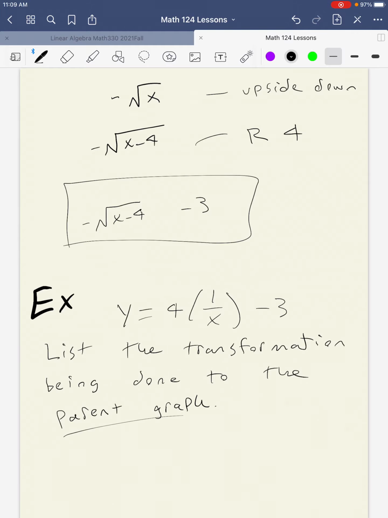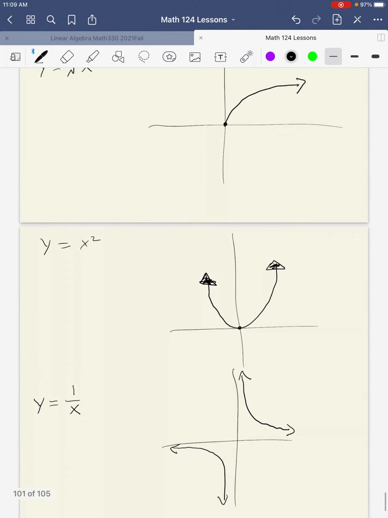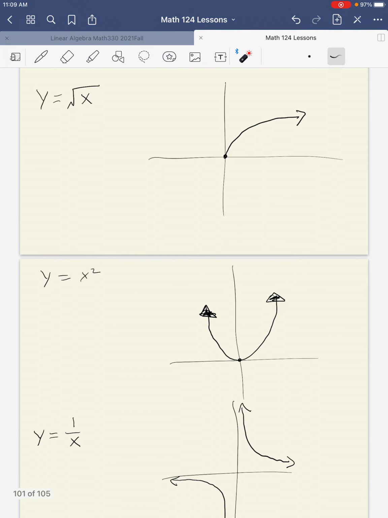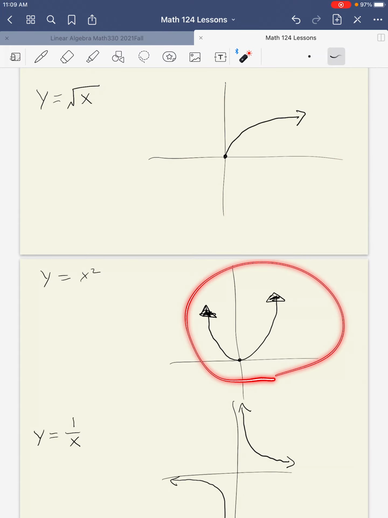So what is the parent graph? Well, the parent graph is one of these basic graphs I gave you at the beginning, sort of the starting point, so they call it the parent graph.